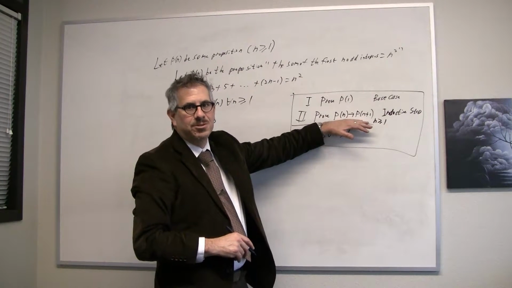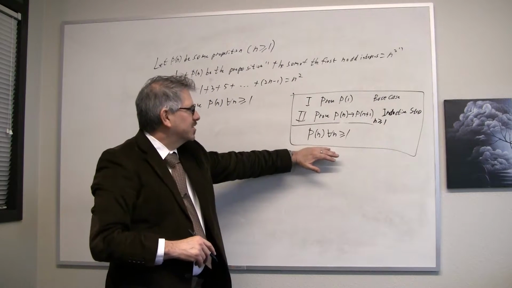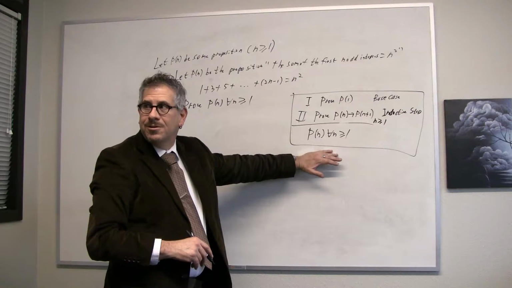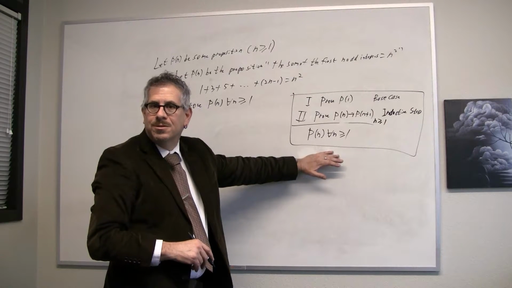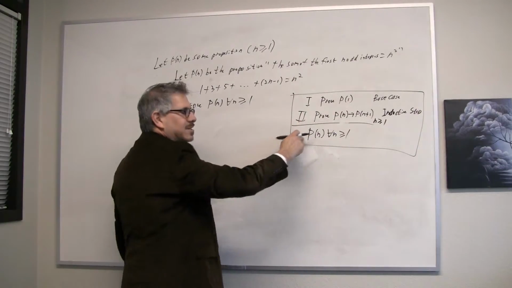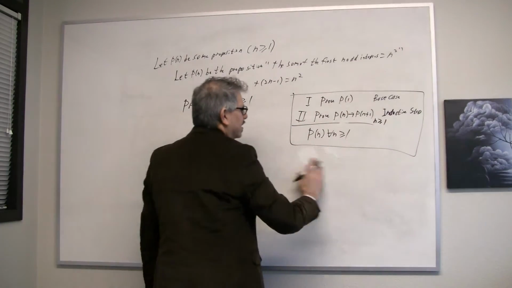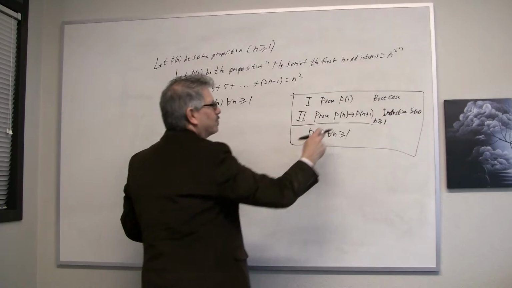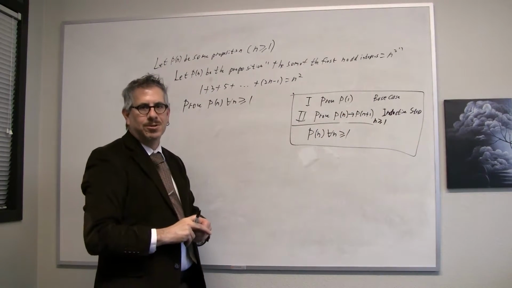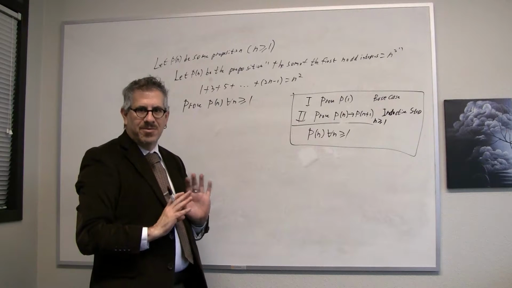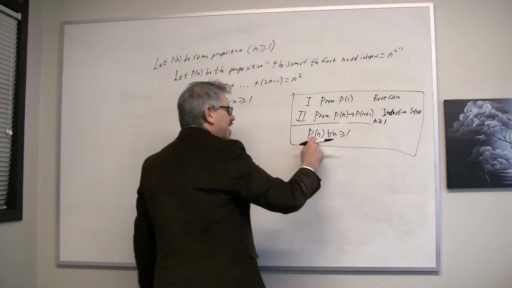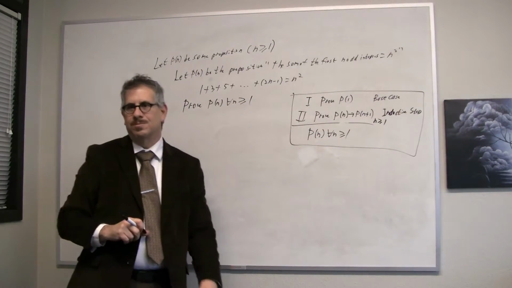That's what this statement says. We don't know if that's true. This says the sum of the first n odd integers is n squared for all values of n bigger than or equal to 1. And we don't know if that's true either. But this is not the same thing as this. This is saying if for some n we know P is true, then we also know P is true for n plus 1. That is by itself totally different from saying for any n P is true.